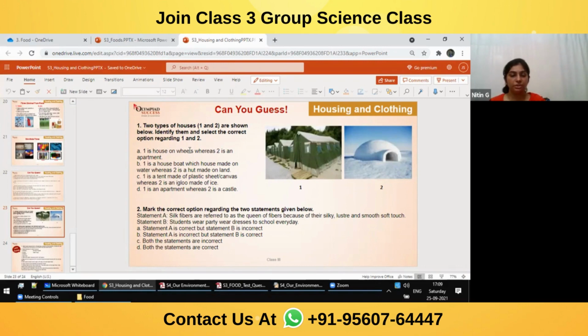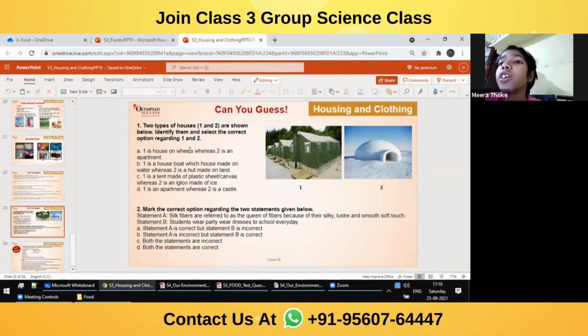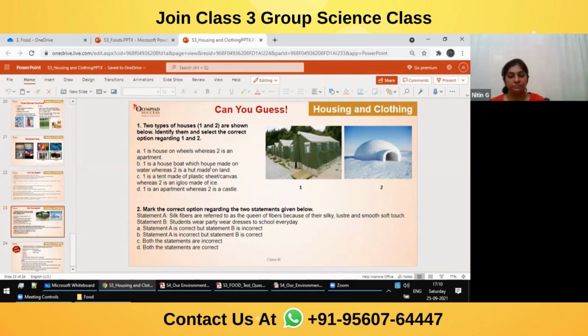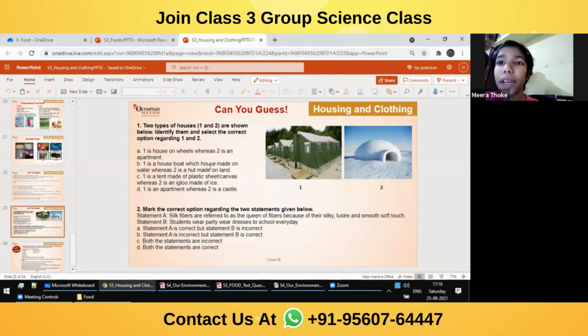Yes, Meera, first question. Two types of houses, 1 and 2, are shown below. Identify them and select the correct option regarding 1 and 2. A, 1 is a house on wheels, whereas 2 is an apartment.